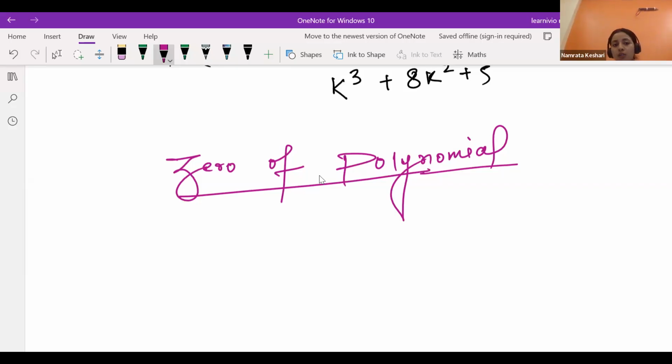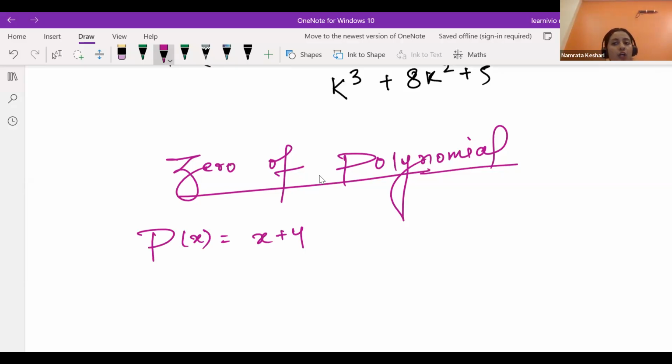Zero of the polynomial means, suppose we are having a polynomial p(x) equals x plus 4, Pranav. Yes, Naisha, can you hear me? Yes, ma'am. Okay, so we are going to start the discussion of zero of the polynomial.